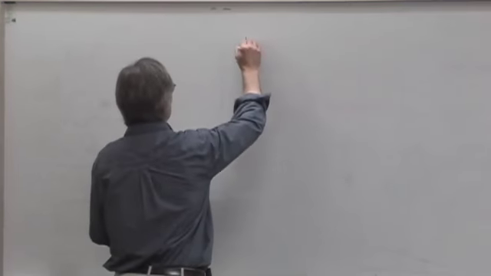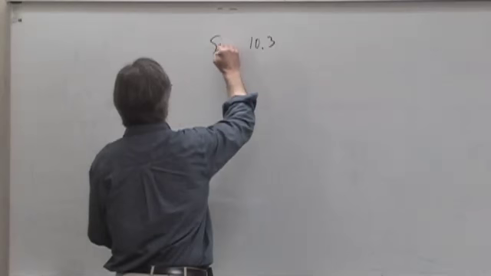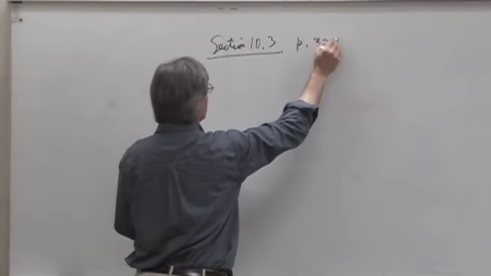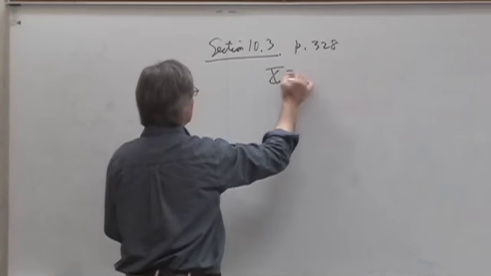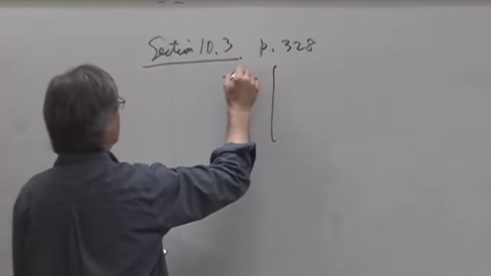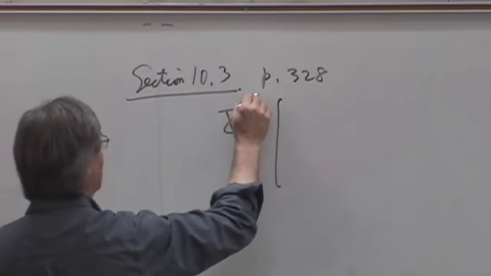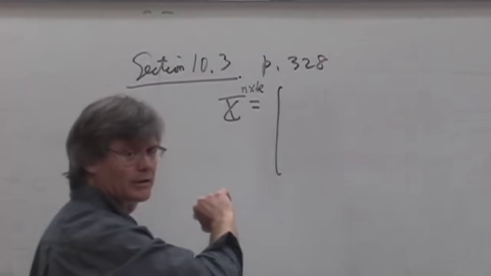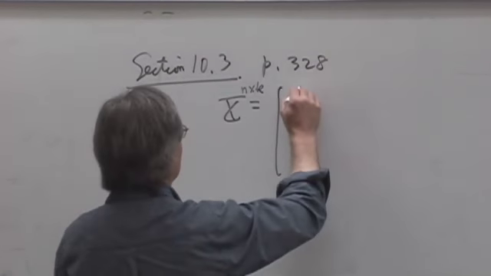So in section 10.3, page 328, you have X is only N by K, not N by P. Okay. And there's no column of ones.